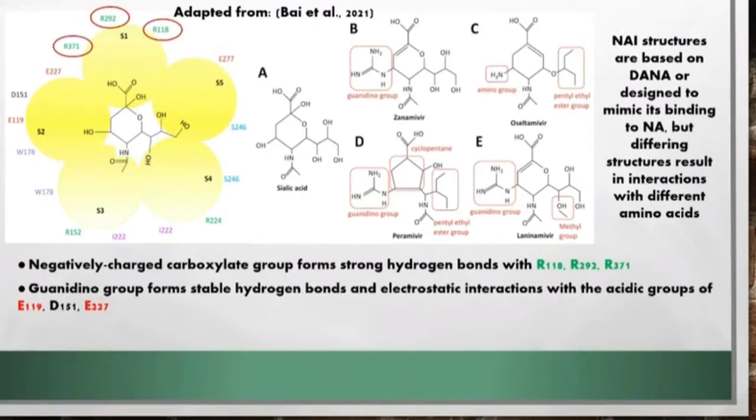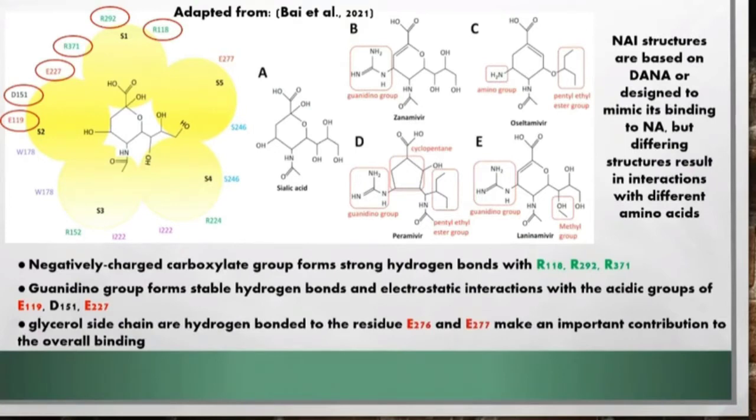The guanidino group, which is only present in neuraminidase inhibitors like zanamivir, peramivir, and laninamivir, can form stable hydrogen bonds and strong electrostatic interactions with the acidic groups of glutamic acid 119, aspartic acid 151, and glutamic acid 227.